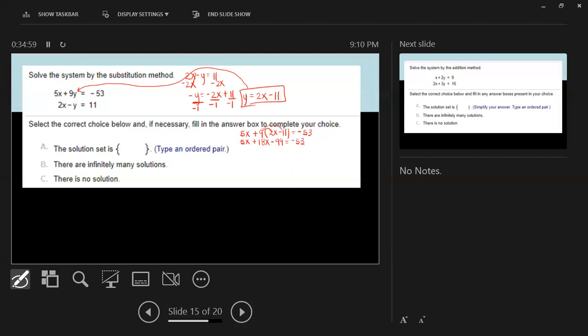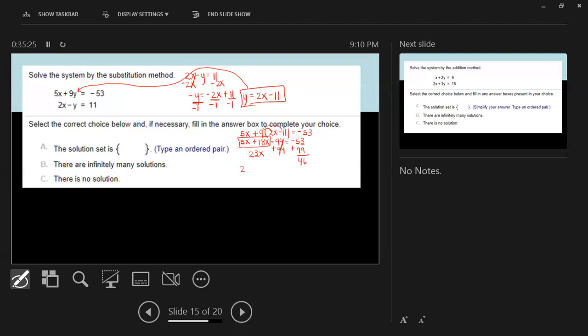All right, so the next thing we want to do is combine these like terms because they both have 1x. So 5x plus 18x will give you 23x. Now I'm going to bring this -99 over with the -53 by doing the inverse. So I'm going to add 99. That cancels out, and that would give me -53 plus 99 is a +46.